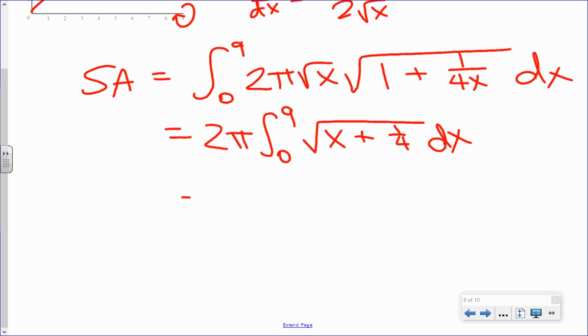So we have 2 pi. We know this is x plus 1/4 to the 1/2 power, so it's going to become x plus 1/4 to the 3/2 power times 2/3.